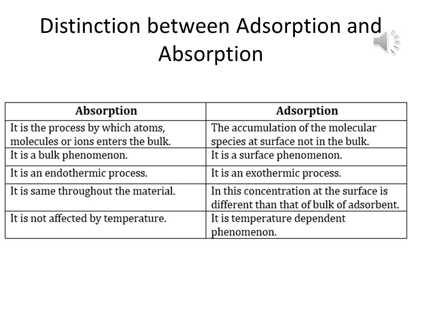Absorption takes place when atoms, molecules or ions enter the bulk. Adsorption takes place when the molecules are at the surface. Absorption is a bulk phenomenon, adsorption is a surface phenomenon. Absorption is always endothermic, while adsorption is exothermic. Absorption is not affected by temperature, but adsorption depends on temperature.